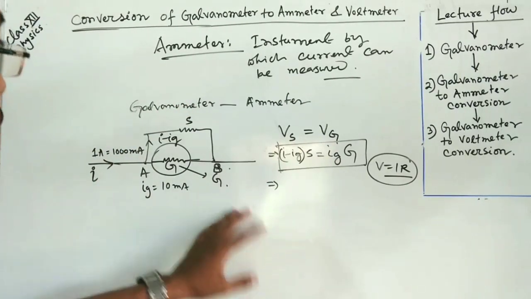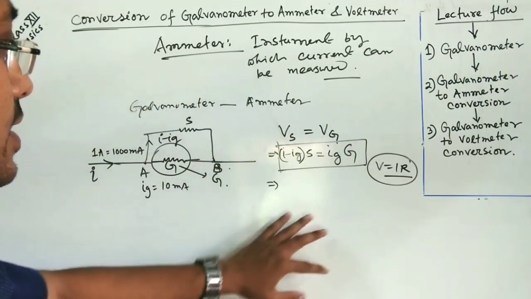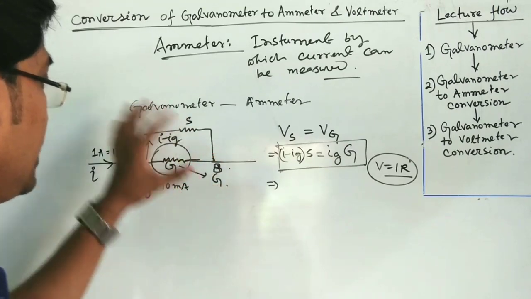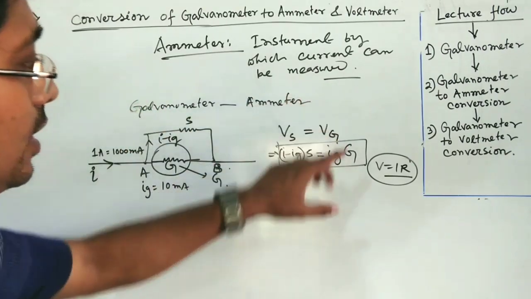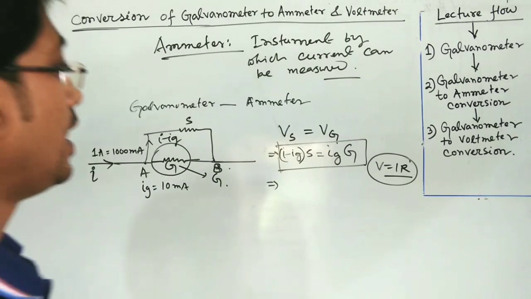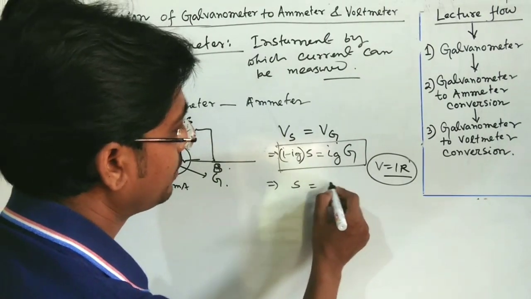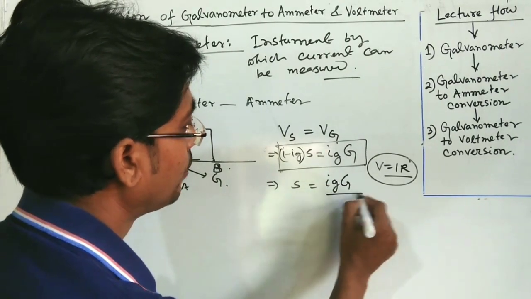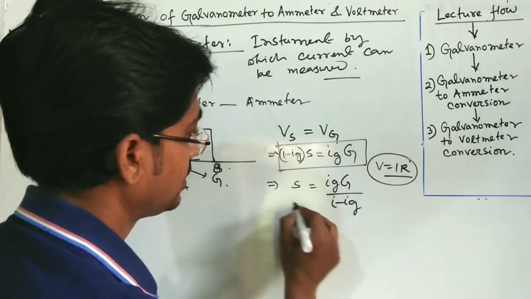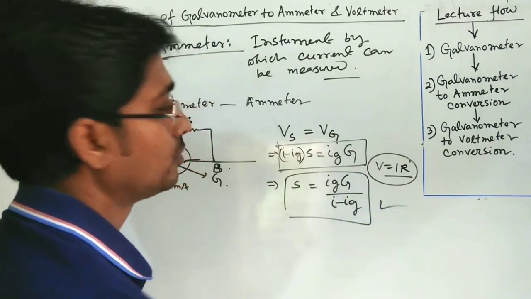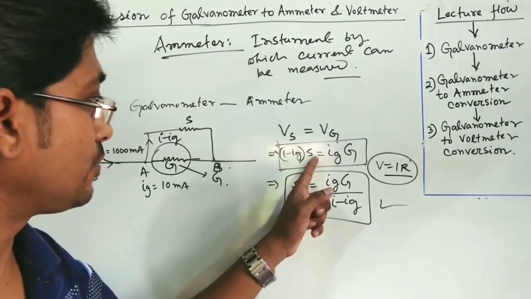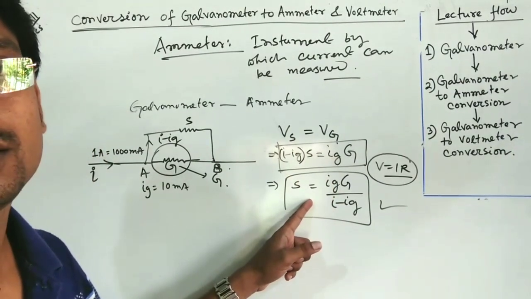Each and every time the galvanometer to ammeter conversion comes, remember this figure in your mind, and from the figure just deduce this formula. And what is the shunt here? Shunt resistance S will be Ig into G by (I minus Ig). I recommend you to remember this formula.